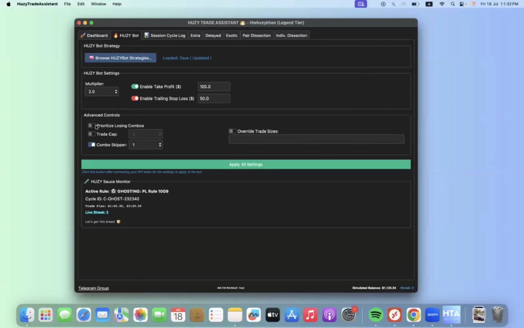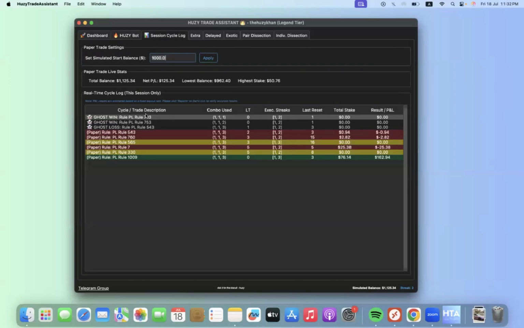Secondly, if you have this turned off, then if any combo loses, it's going to be pushed to the end of the queue and wait its turn. It's going to remember what it lost, and the next time it appears, it's going to start taking things from the very same spot where it left off.